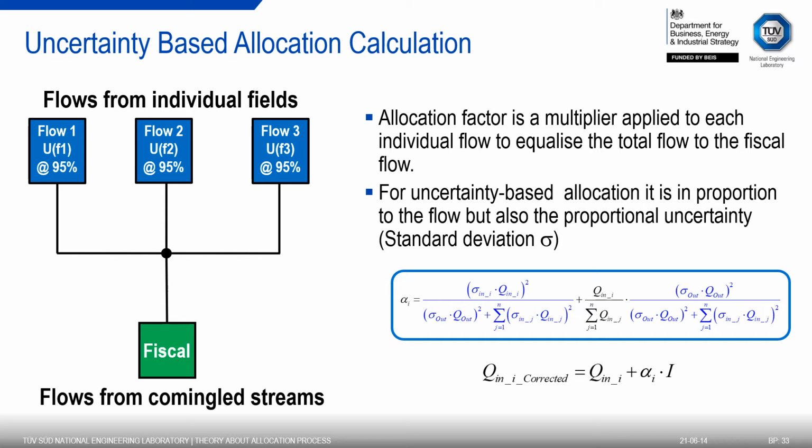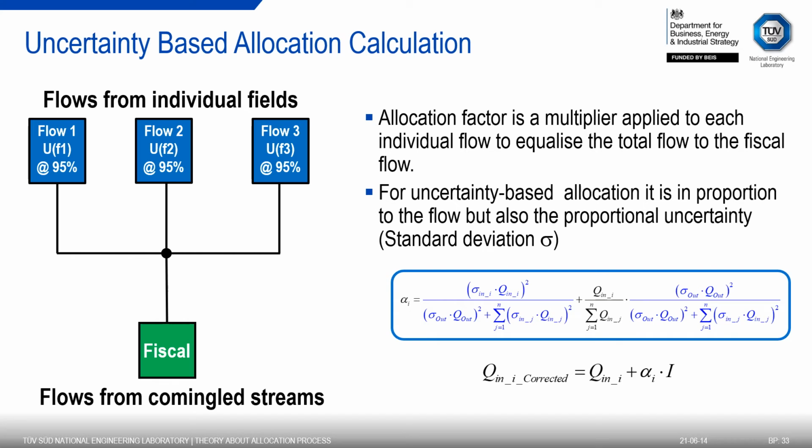And I highlighted here in this equation a few of the things in blue and some in black. And the idea here, if you look carefully, and if you imagine that the standard deviation on your production from field 1, 2, and 3 are 0, meaning you do not want to take care about that, you will see that the uncertainty-based allocation comes to a production-based allocation.